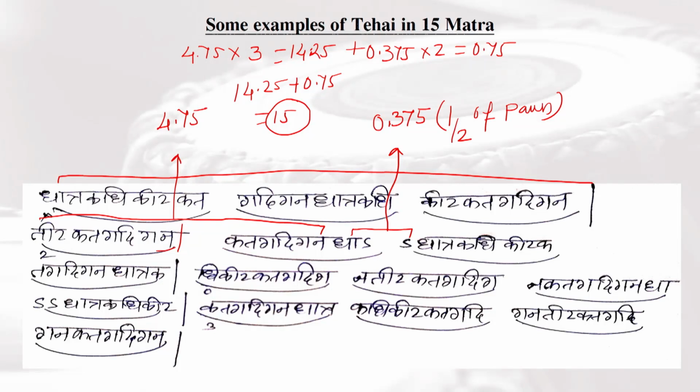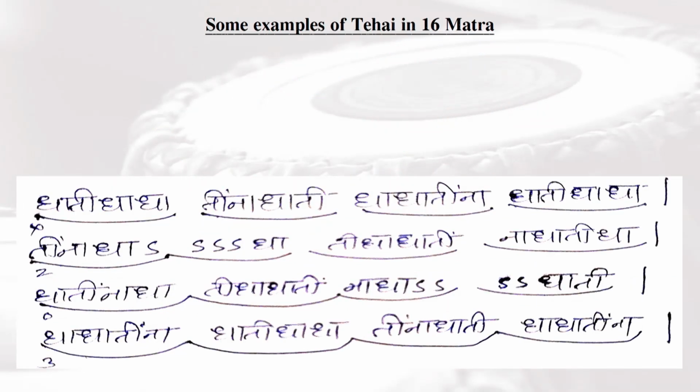Now we move to 16 matra. The first example in 16 matra is Teen Taal. Obviously it's going to be a Teen Taal. So it's a universal Taal, and you can have multiple Tehais, but to represent some Tehais in Teen Taal, I am presenting some basic Tehais over here.